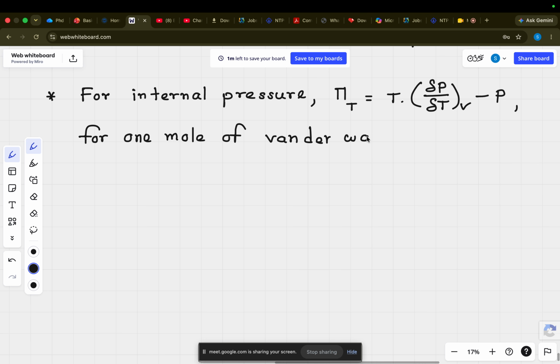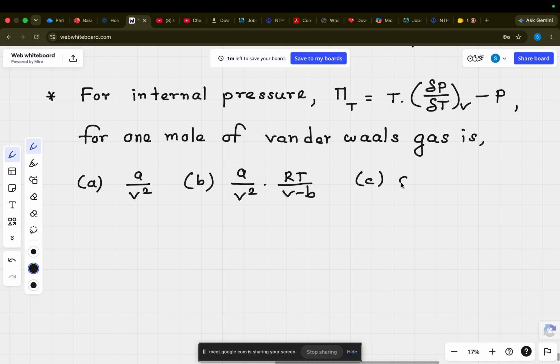They are giving you options: option A is A by V square, option B is A by V square into RT divided by V minus B, option C is 0, and option D is RT by V minus B. So they have given you an equation: pi T, internal pressure, is T into dP by dT at constant V minus P. They are asking, for 1 mole of van der Waals gas, what will be this internal pressure value?